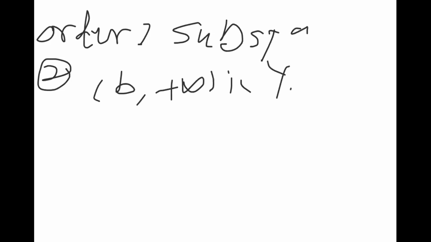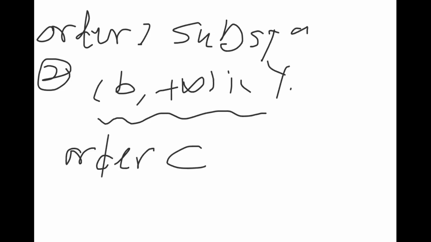So it is open in the subspace topology on Y. And since the open rays of Y are a subbasis for the order topology on Y, the order topology is also contained in the subspace topology. Now we can conclude that they are the same. Okay.